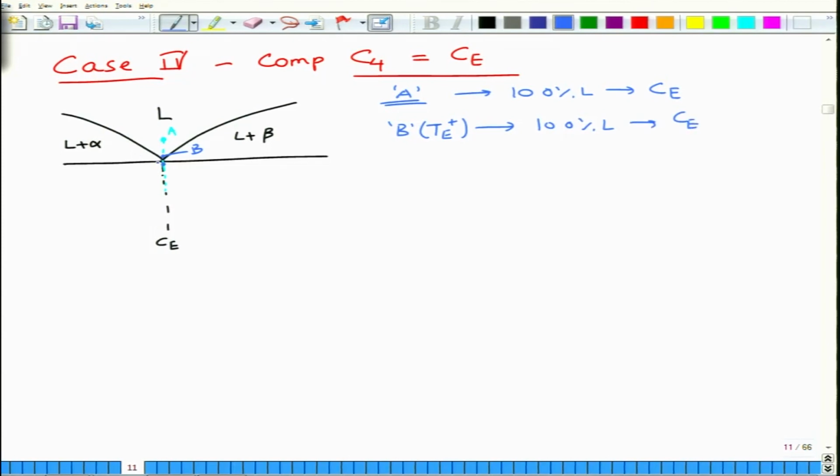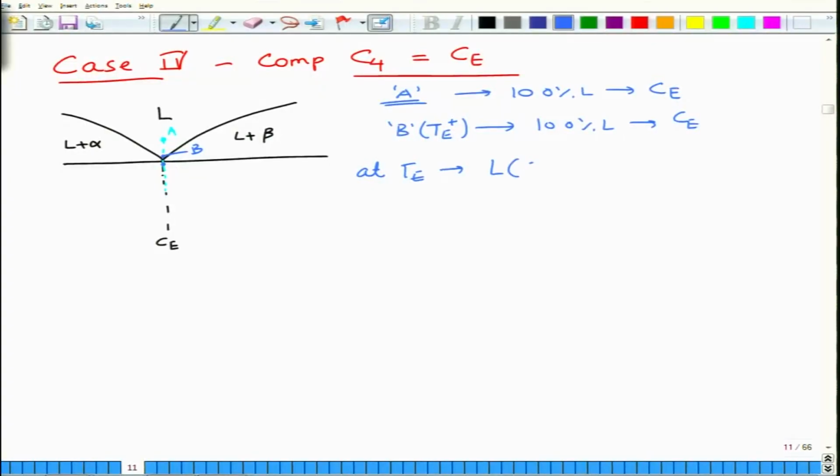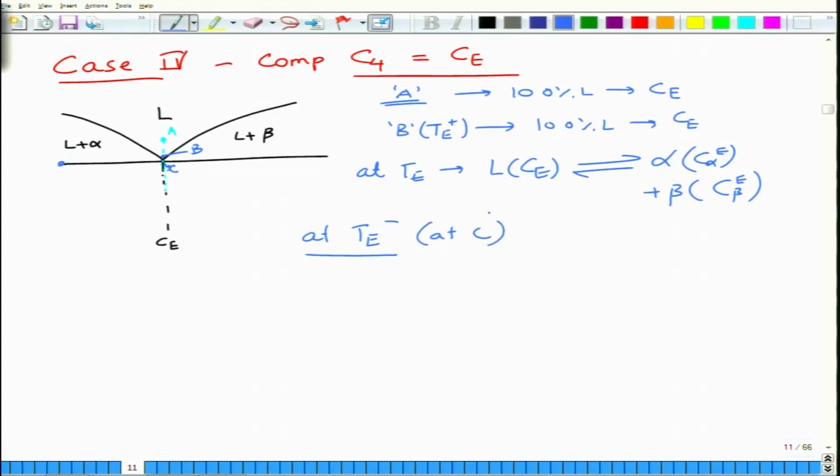Just below the eutectic temperature, at the eutectic temperature, it undergoes a eutectic reaction. At TE, liquid of composition CE dissociates into two phases, alpha of composition C alpha E plus beta of composition C beta E. So at TE minus, which is at point C, what we will see is a mixture of only alpha and beta.